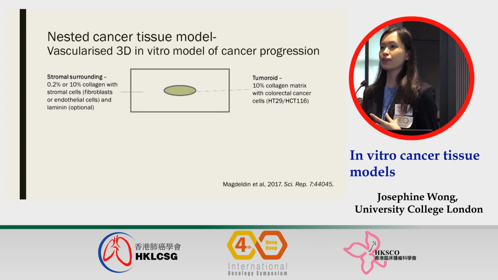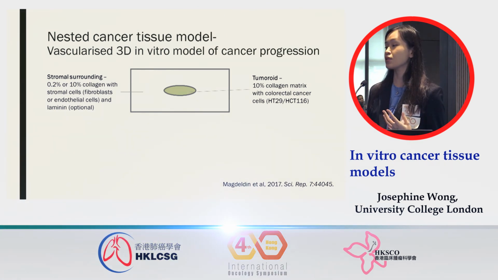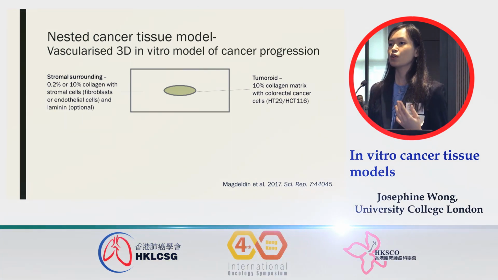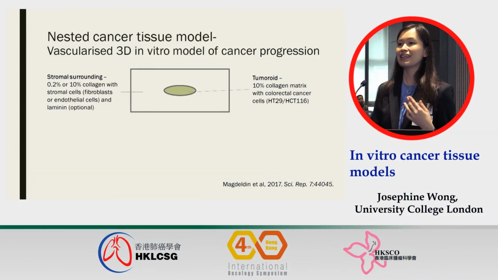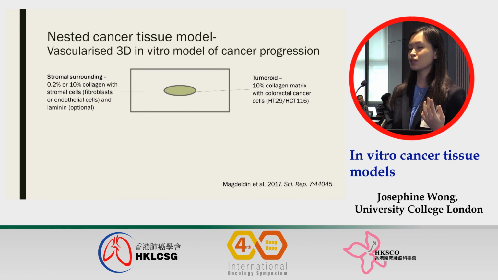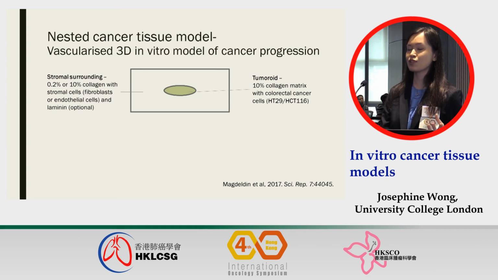And this can be controlled in terms of collagen density, because we have the toolkits now to do this. And so this tests the effect of tumor migration, metastasis, within a stromal surrounding that is either high in collagen density or low in collagen density.